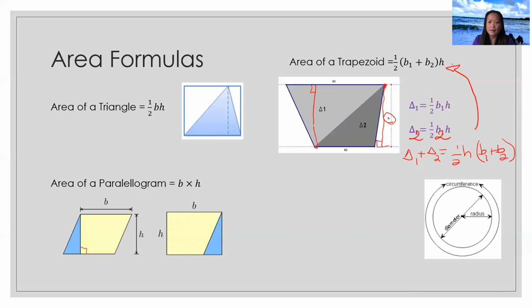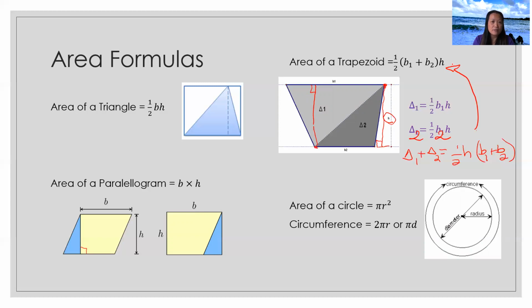And the circumference is pi times the diameter, or 2 pi r, and the area is pi r squared. In class, we'll discuss more of the reasoning behind why those are what they are. But for now, this is what you need to know.